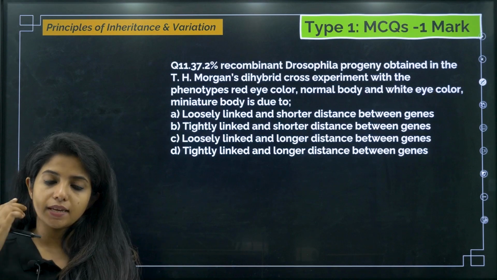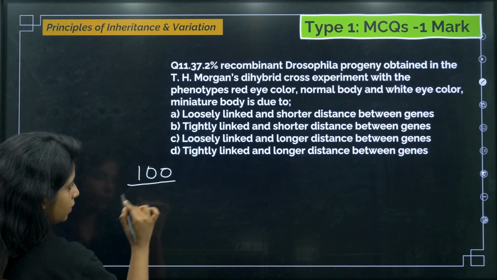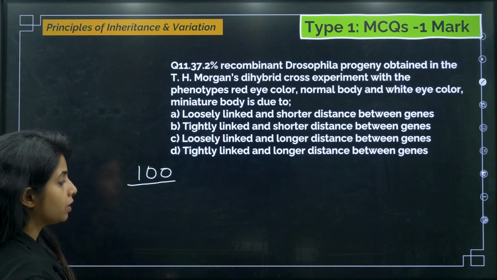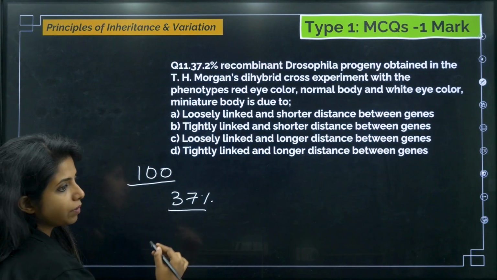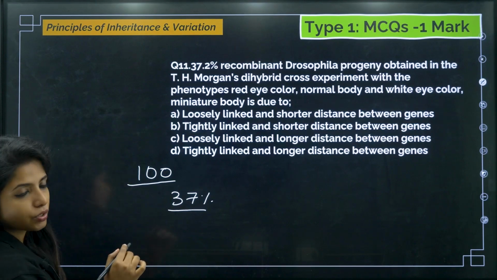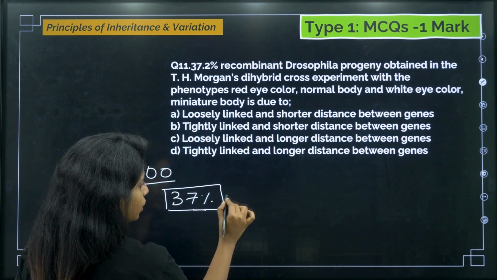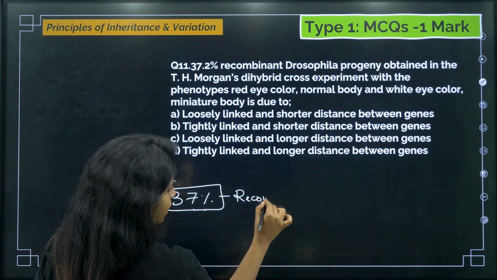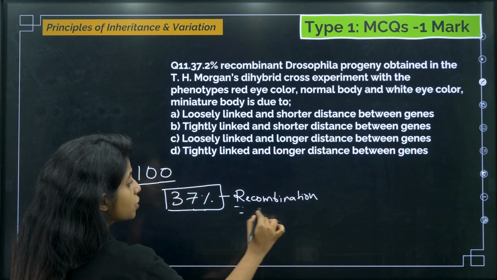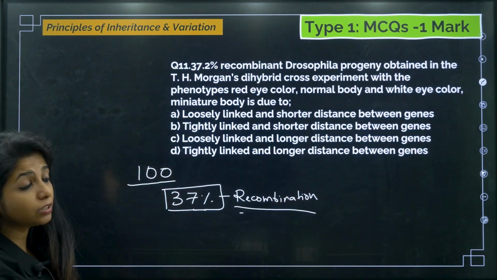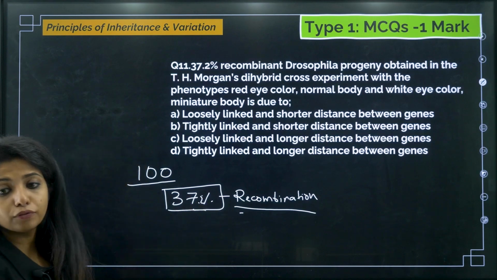Basically, they are saying out of 100%, if 37% of the progeny are recombinant, that is not like the parents, they are showing variations, recombinations have been happening, and it's a huge number. Usually the percentage of recombination will be 1.3%, which is 37%, okay, 37.2%. So this is kind of huge.